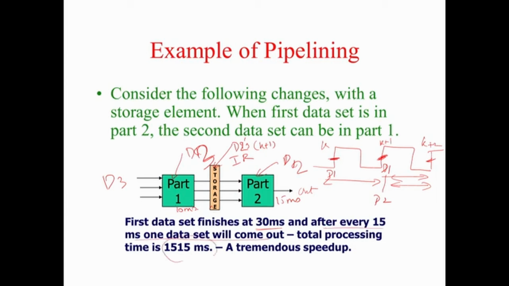So totally I will finish the entire operation by 1515 milliseconds. So 1000 data that took 2500 now can finish in 1515, which is at most 40% improvement, right, at least 40% we have improved. Is it okay, right?